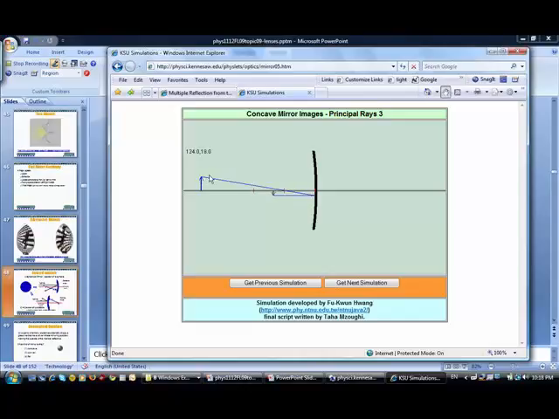is what if we have a beam passing by the focus to begin with? Now that's the opposite from what we had in here. When the beam was going parallel, it passes by the focus. So in here, the incoming beam passes by the focus, so the reflected should be parallel.